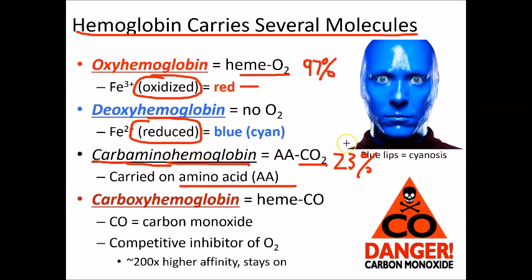All right. One thing that I forgot to mention, so let's go back really quick. When we talk about deoxyhemoglobin, when there's no oxygen there, it'll turn blue. And one of the names for blue is cyan. If you see somebody that has cyanosis, it means oxygen is not going to a certain part of your body.